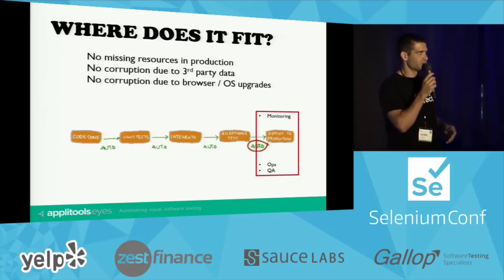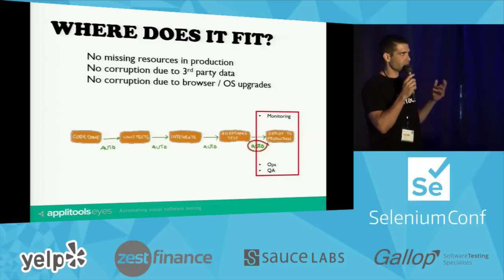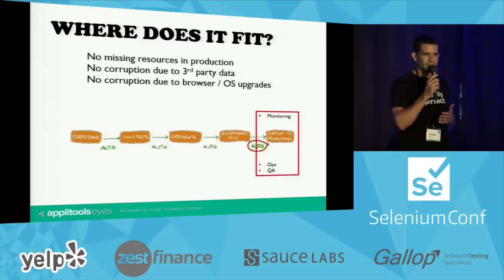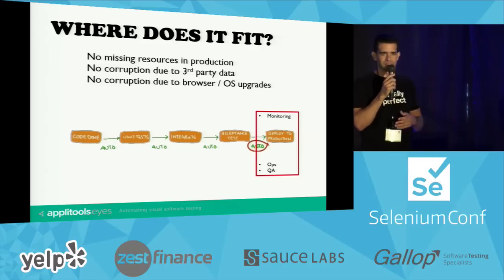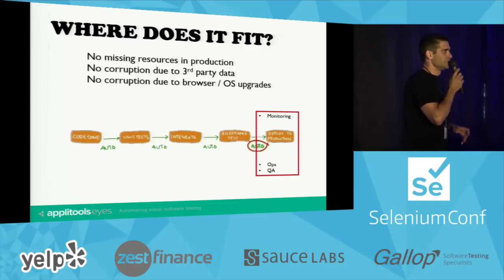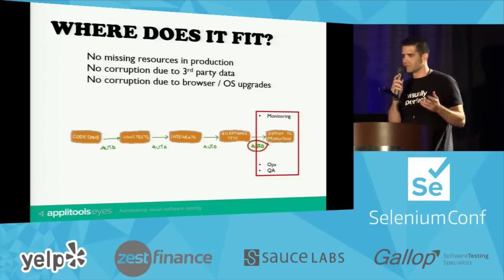There are many reasons to do that. First of all, it allows you to find problems with the production environment that do not exist in your staging or development environment, such as missing resources or applications. It allows you to verify that there are no corruptions in the application due to third-party data.